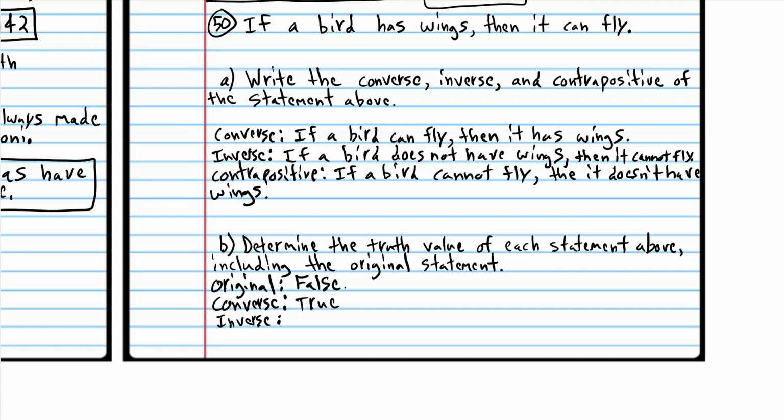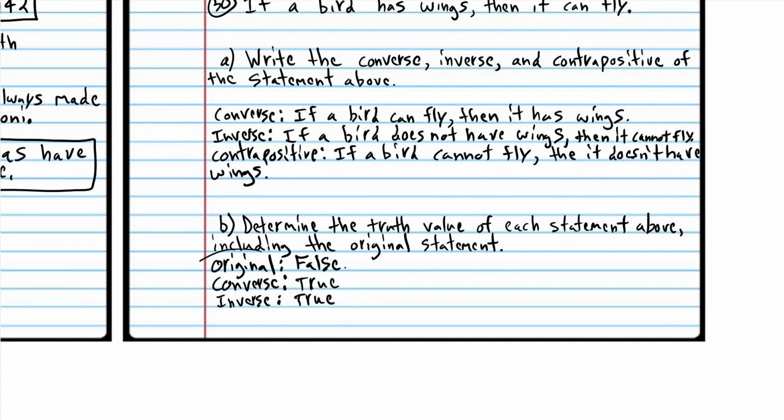The inverse is, if a bird does not have wings, then it cannot fly. So that's true, obviously. These two are both going to be either true or they're both going to be false. Now, because the original was false, we know the contrapositive has to be false also, because again, the contrapositive and the original are equivalent statements. So we don't really even have to read it, but just to demonstrate, we're going to go ahead and read it.